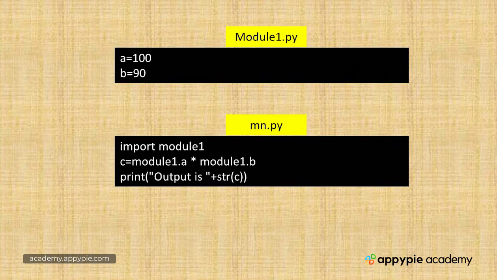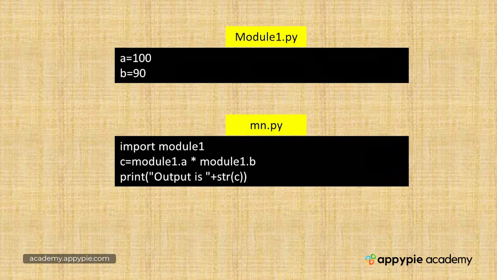Now the next statement is c = module1.a * module1.b. See carefully. When we want to use anything of a module, it should be qualified with the name of that module. I have written module1.a, not directly a. That will be erroneous, because if I would write directly a, that would have meant that I am having this variable in mn.py, which is not true.